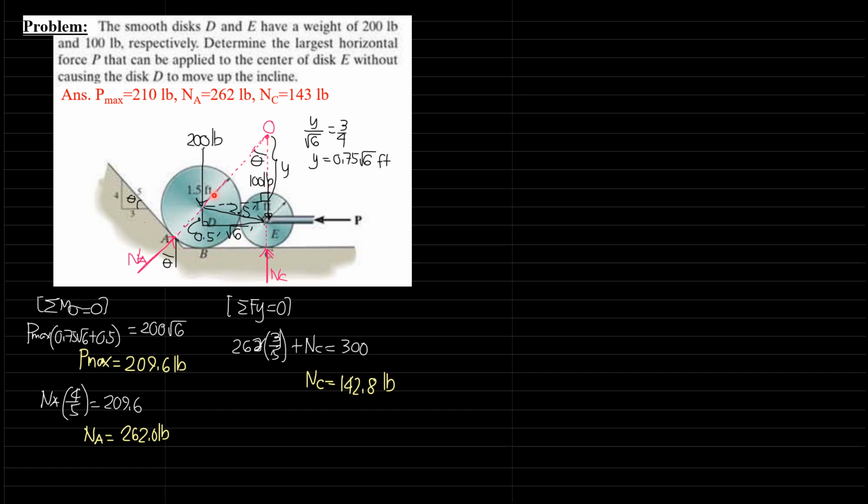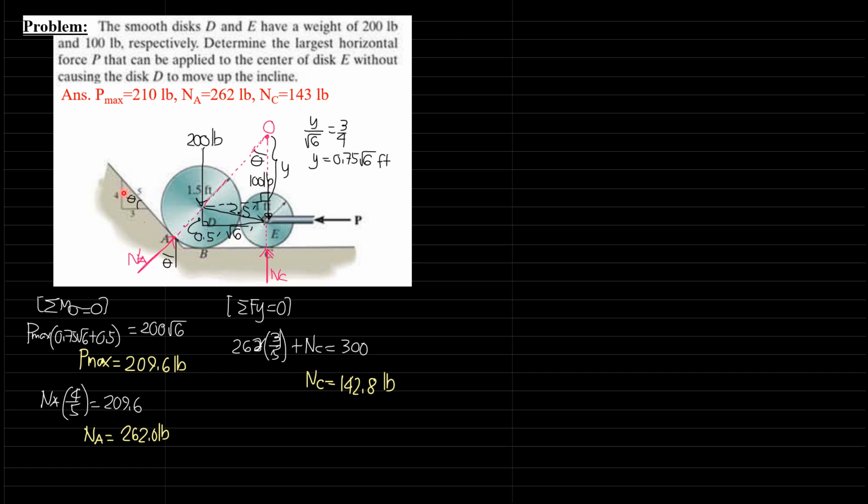Then we consider this right triangle. Remember that this is square root of 6, this horizontal distance between the centers of D and E. And I'll call this distance from O to the foot of the perpendicular Y. So by similar triangles, Y is to opposite of theta, square root of 6 is equal to adjacent of theta.